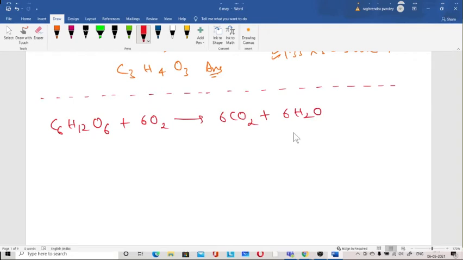Now they will give some weight, let's take it as 180 gram only, it will be easier for you to understand. They will make a statement like: 180 gram of glucose on burning with oxygen.